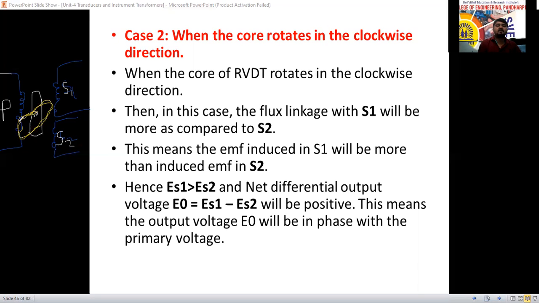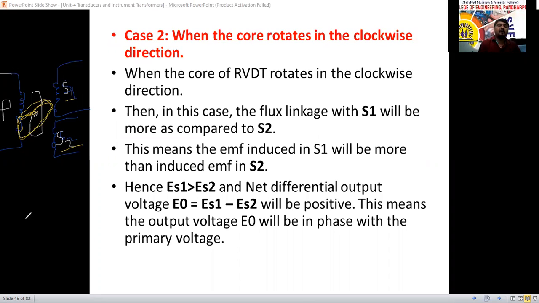S1, it is nearer. So on that condition, what will happen? The EMF induced in S1 will be more as compared to S2.